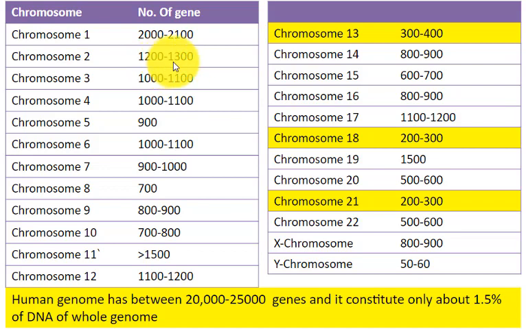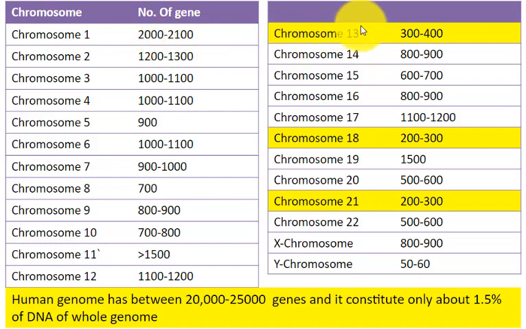But in trisomies the gene dose will be triple, three times. For chromosome 1, which has 2,000 genes, tripling would cause a huge imbalance in gene dosage.